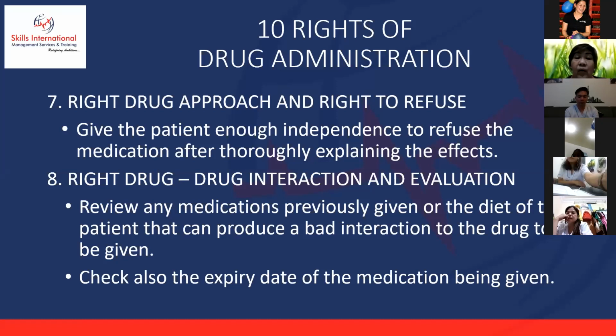So review the medication previously given or the diet which caused the interaction and inform the doctor that the patient has an interaction with such drug, and ask, doctor, can we not give it now since the patient is having this interaction? So you have to know because you are with the patient.